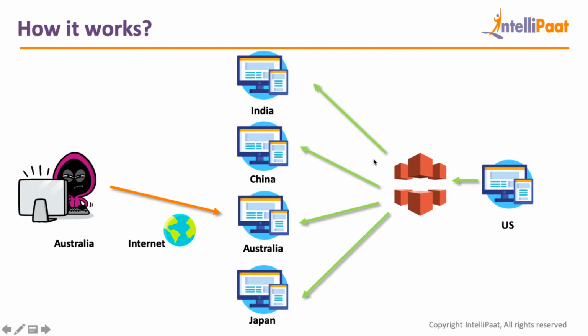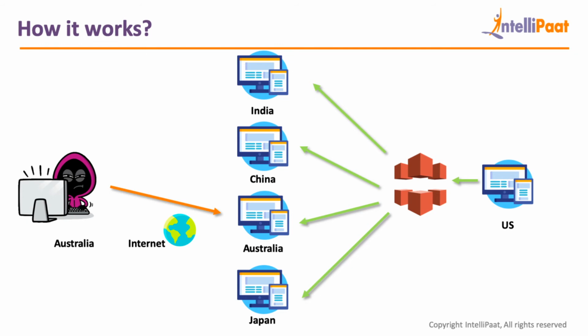So let's say the dynamic content which was being served from the US is now being served from Australia via the network of AWS. Again, the response time would be comparatively less than when a customer in Australia was connecting to the US server. So this in brief, guys, is what a content delivery network is.